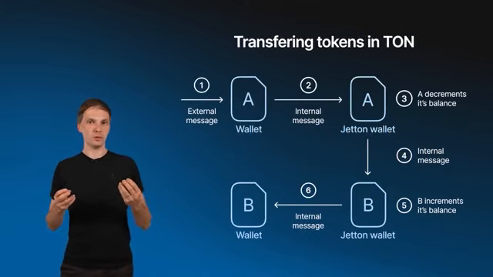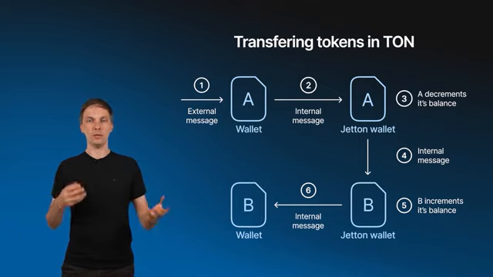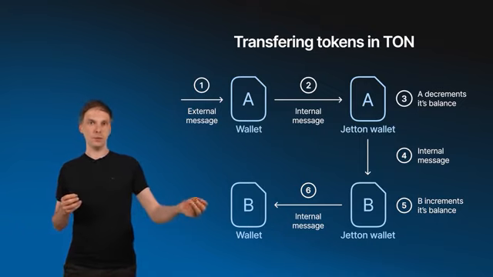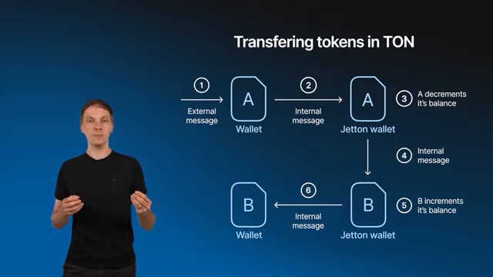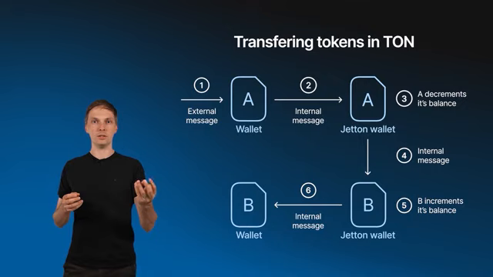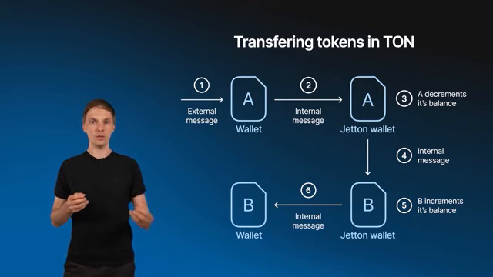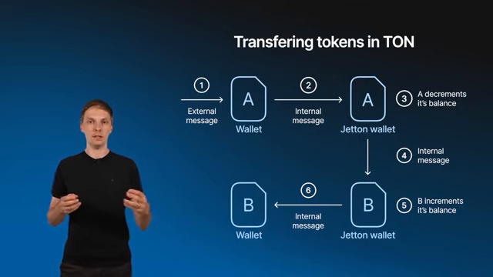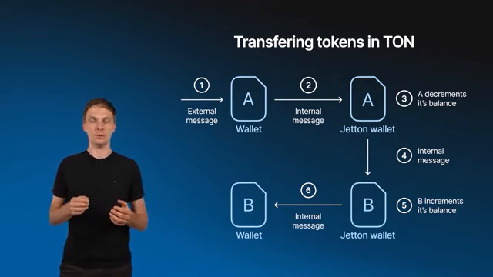Whenever the user wants to transfer a token from one account to another, they send, first of all, an external message to their wallet. Then this wallet unwraps this external message and sends an internal message to this user's Jeton wallet, saying, please send the money to a certain address.